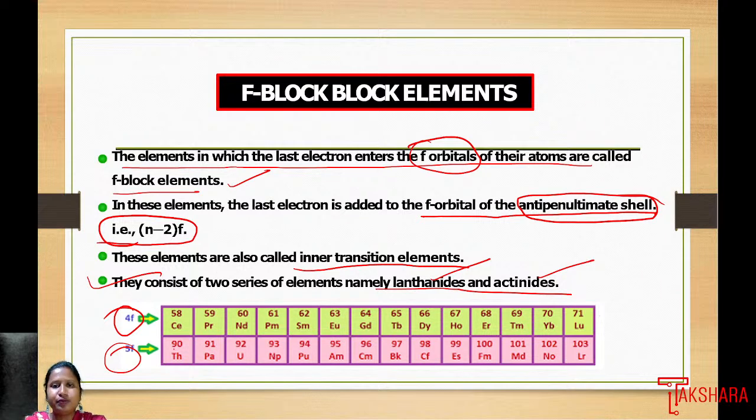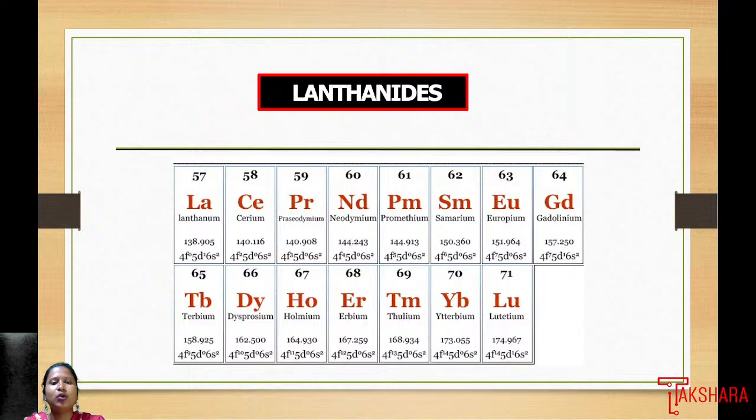Next we have lanthanides. Starting from 57 to 71, which elements are present? First lanthanum, cerium, praseodymium, neodymium, promethium, samarium, europium, gadolinium, terbium, dysprosium, holmium, erbium, thulium, ytterbium, then lutetium.